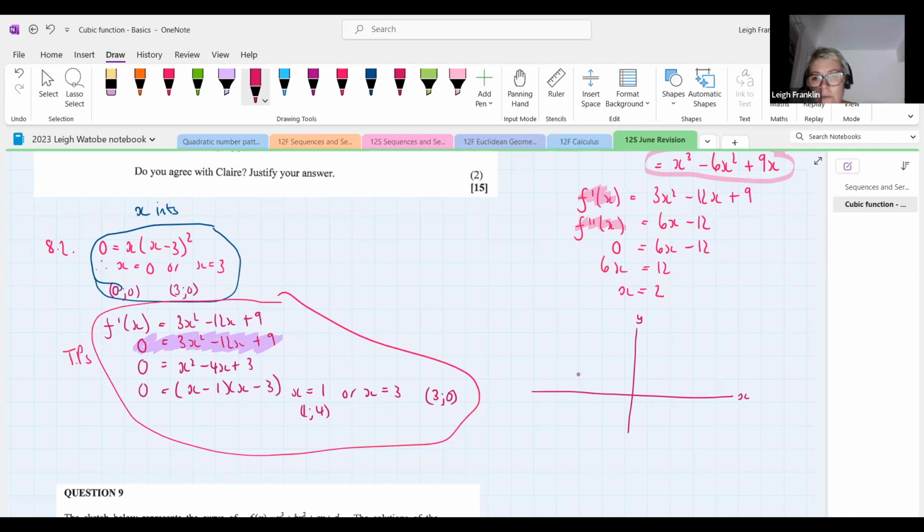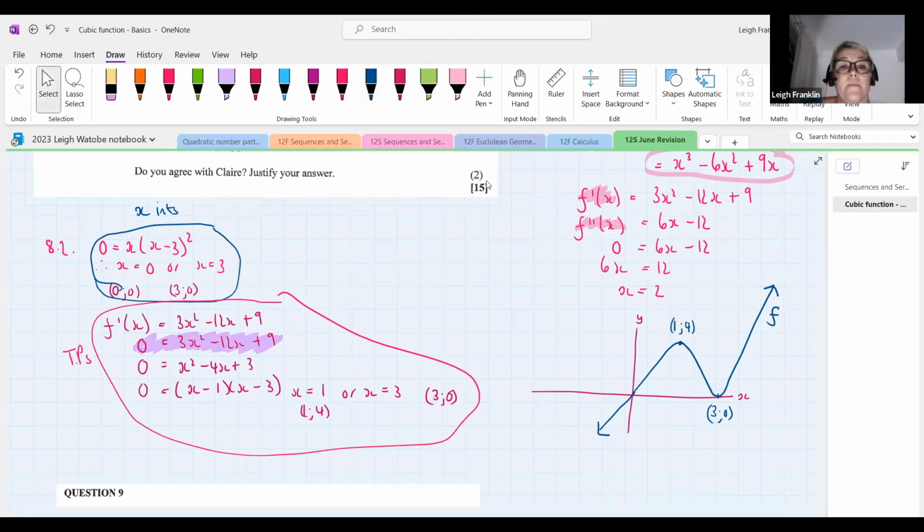So our graph has got to do something like this. It's got an x-intercept and a y-intercept at the origin. It has a turning point in the first quadrant, another turning point on the x-axis, so it will look like that. This point over here is the point (1; 4). This point over here is the point (3; 0). So that's what your graph would look like. Okay, so there is your graph of f.